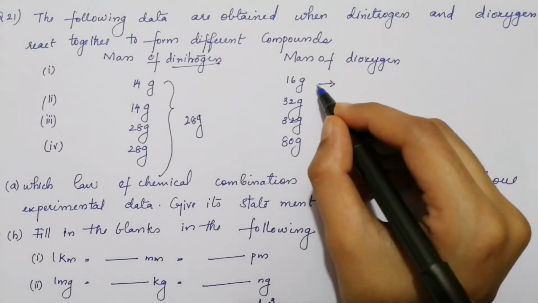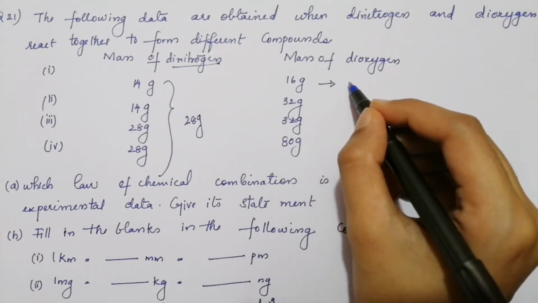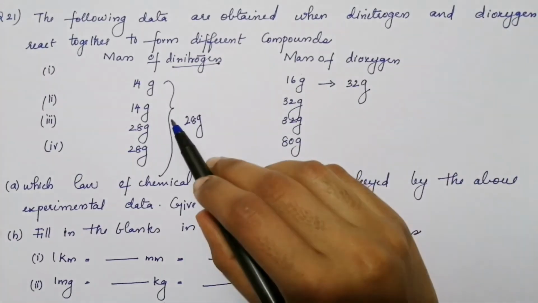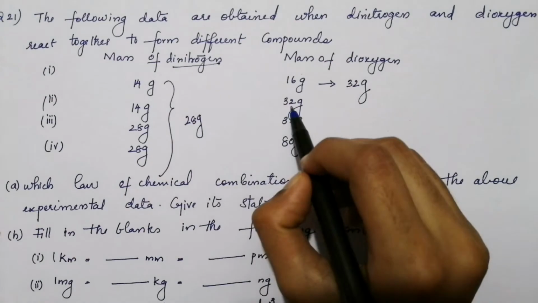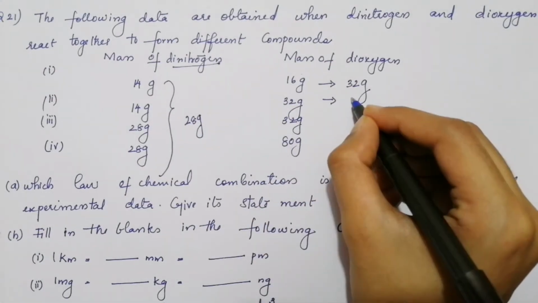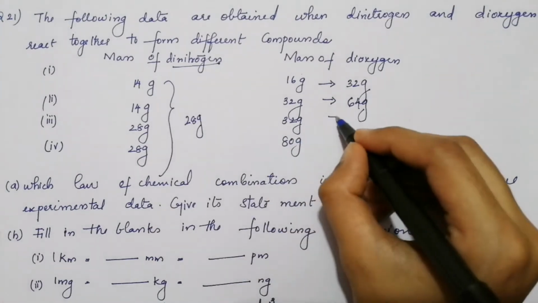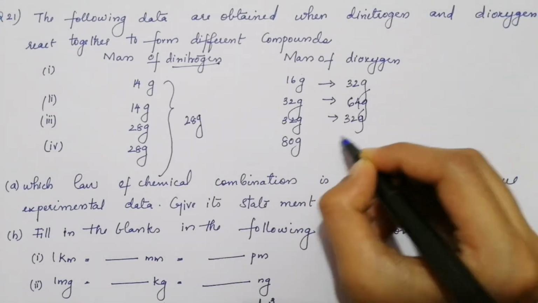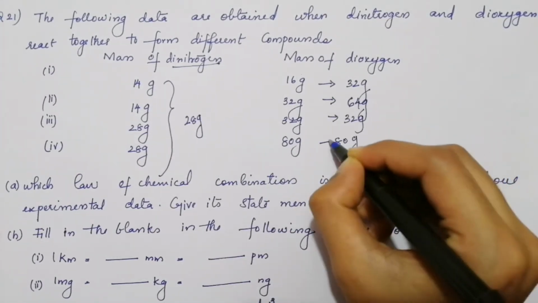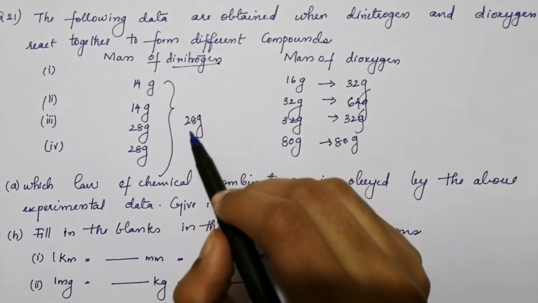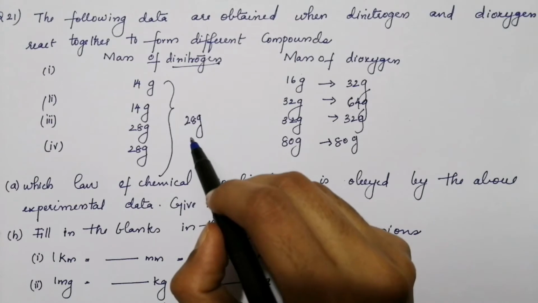So this 16 gram will become 32 gram. And the next, again it is increased by twice. So this 32 should also increase to 64 gram. And these two remain the same. So that will be 32 gram and 80 gram. So this is the new data that we are going to obtain when the mass of dinitrogen is kept constant, which is 28 gram.